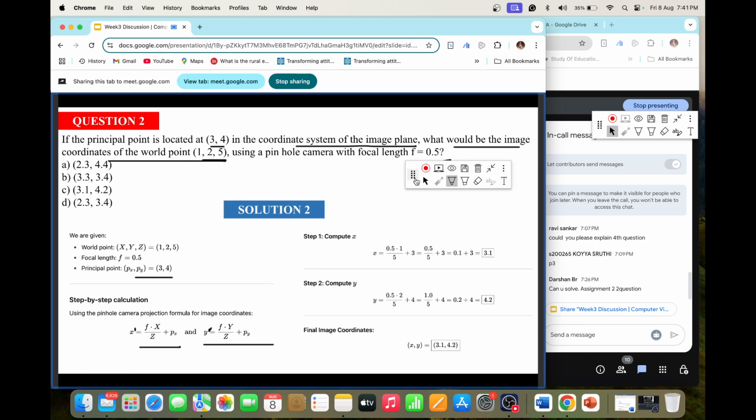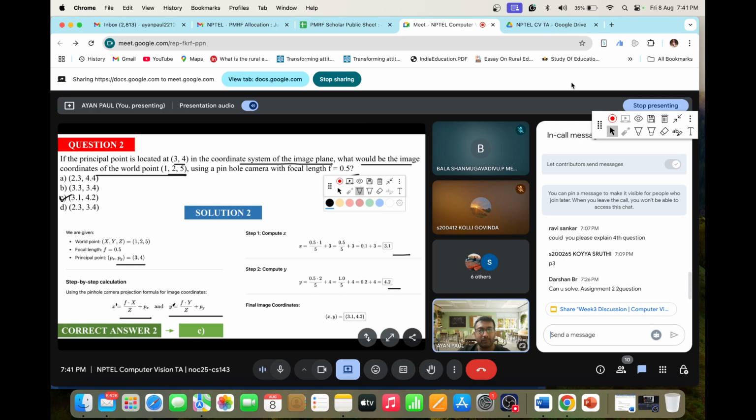So you can calculate: x dash comes to 3.1, y dash comes to 4.2, and our final coordinate is 3.1, 4.2. That is option C. Okay, is it clear to all of you?